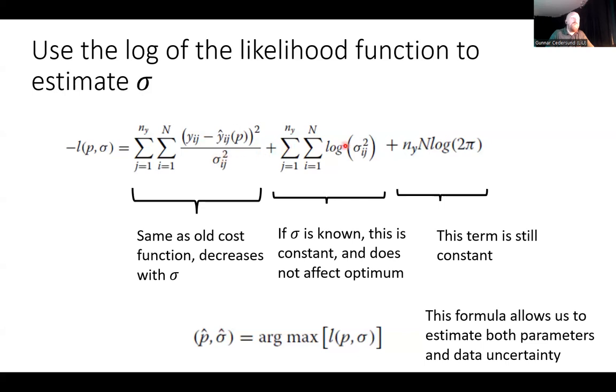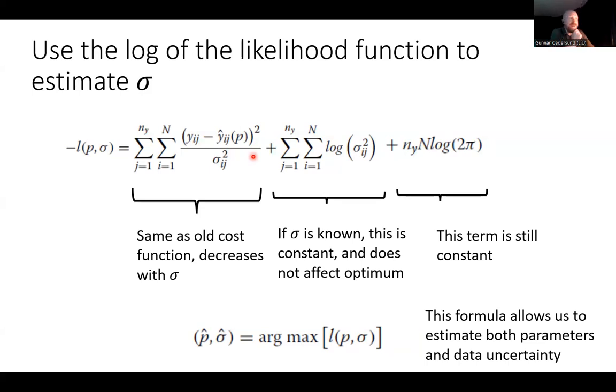But if you also have this term, then you see that this one gets smaller, but this one gets bigger. So it's a trade-off. There is a value of sigma and P that together gives the lowest value of all of these terms, and the sum will also be as small as possible. Therefore they will depend on each other, and you can treat sigma as a normal parameter.